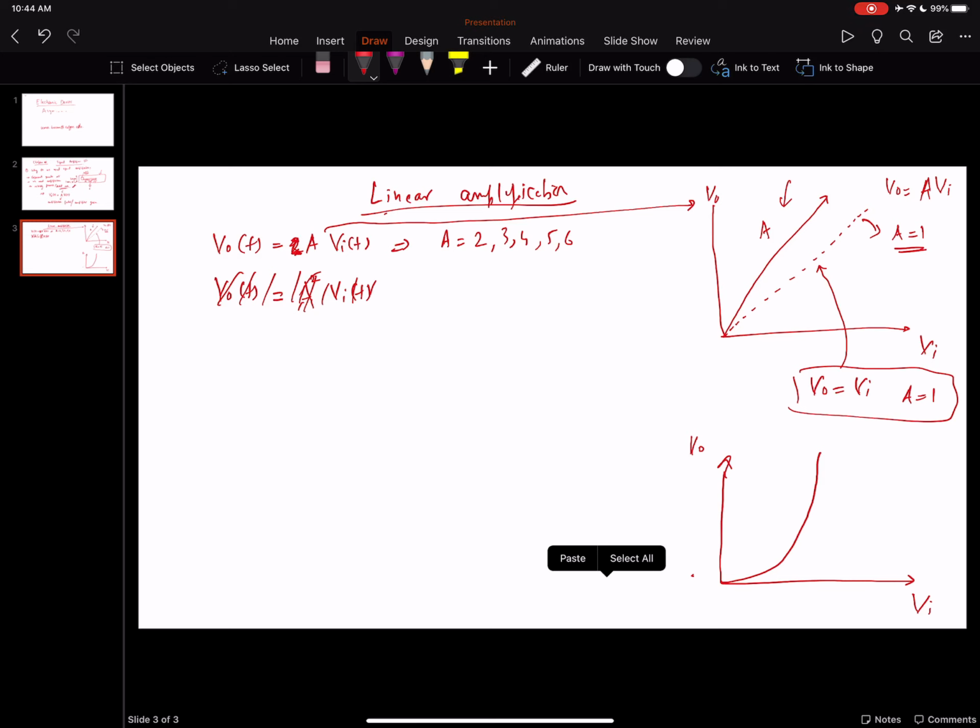What is happening here is that small changes in the input signal are amplified by a certain factor, but the bigger changes in the input signal V I are amplified exponentially. So this is not what we want. We want our amplification to be linear so that all the signal information is amplified and no new information is added.